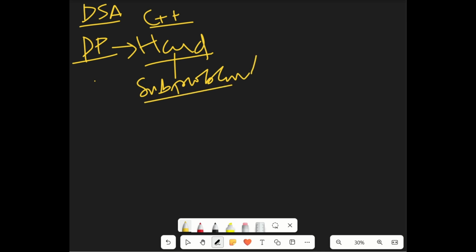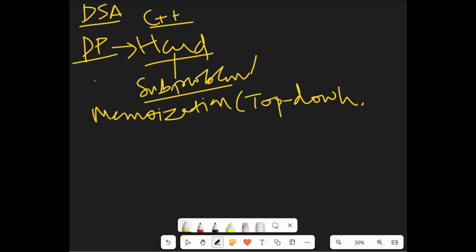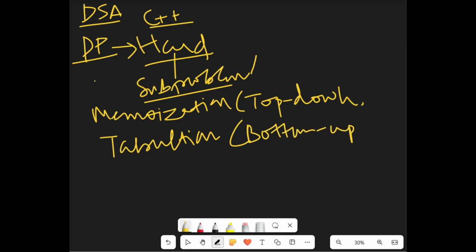Okay, what are the types of it? Memoization and tabulation. These two are the types.